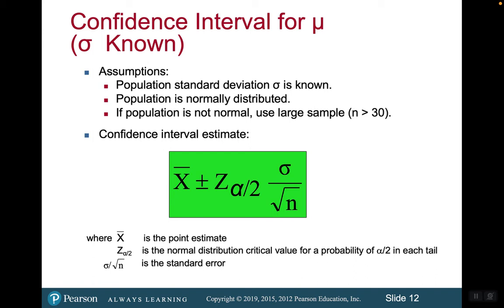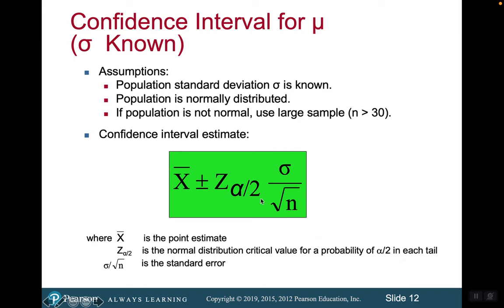All right, so it's the mean. As we see here, it's the point estimate of the mean, plus our z distribution, which is the normal distribution, for the probability divided by 2.